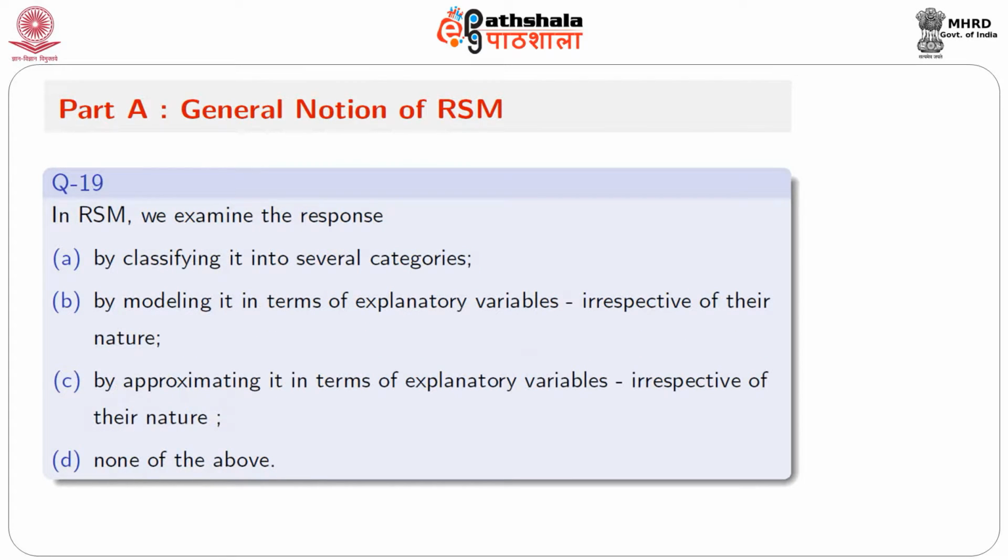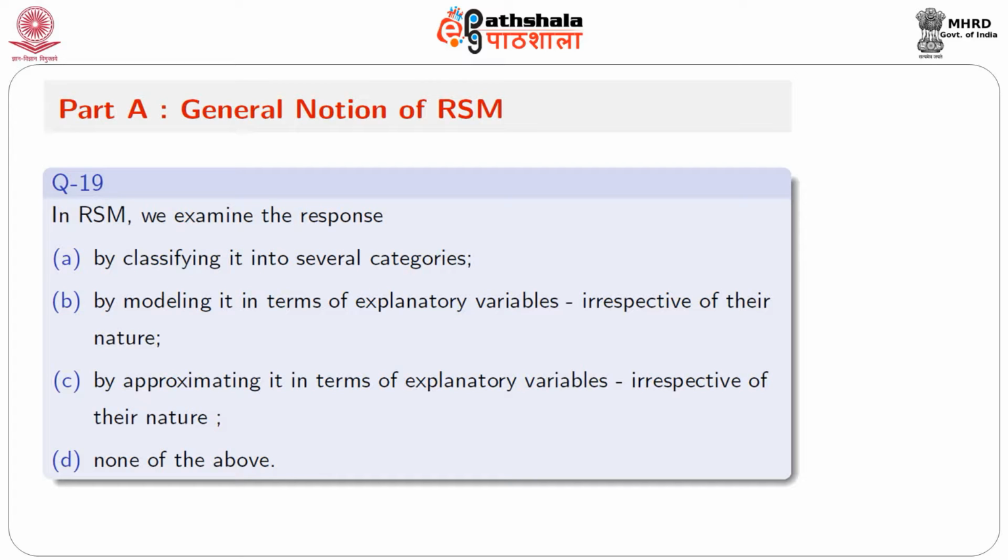So here in RSM we examine the response by classifying it into several categories, by modeling it in terms of explanatory variables irrespective of their nature, by approximating it in terms of explanatory variables irrespective of their nature, and none of the above. No, it cannot be irrespective of their nature.